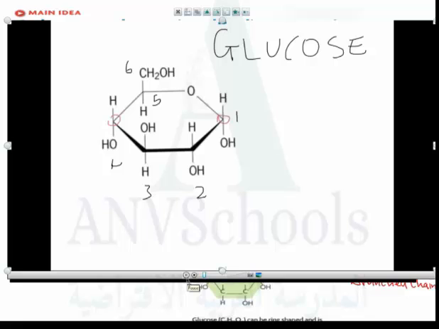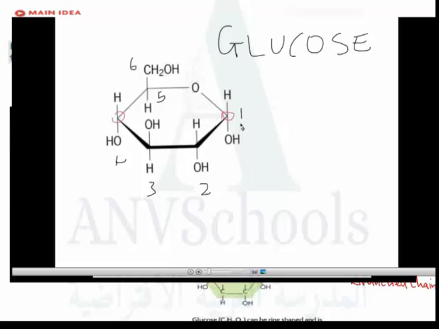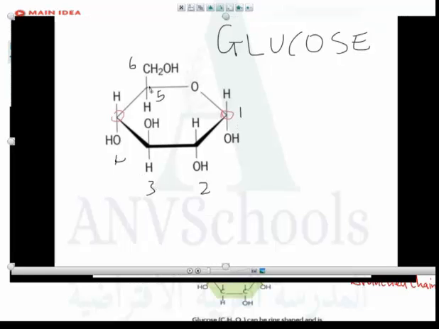So we have glucose molecules coming together to form chains. This first carbon and the fourth carbon, here we have how many carbons? 1, 2, 3, 4, 5, 6. But these two are important for us because these are the points where we have linkage, or bonds.